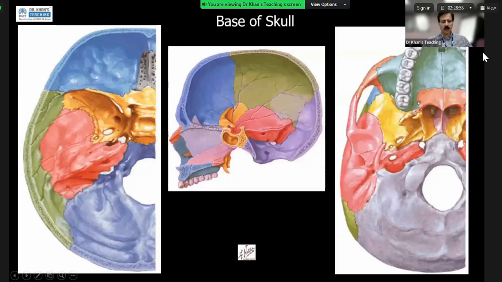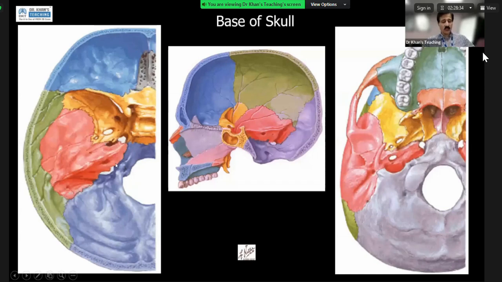I'll come back to this point, but here I've told you that it exits the base of skull through the superior orbital fissure. But another thing we have to learn is that it passes through a canal here in the sphenoid bone and then goes into the cavernous sinus and then goes here. So we'll come back to this.